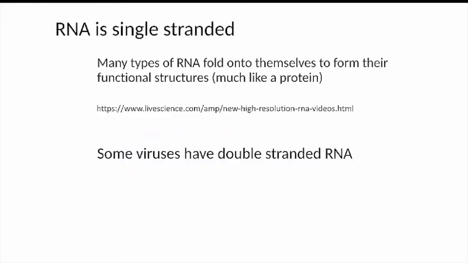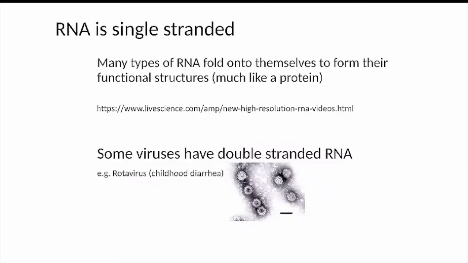Okay, some viruses have double-stranded RNA. Viruses, you guys, are like the quintessential blow-your-mind, gray area, doesn't fit in any boxes, not interested in human categorization. So viruses, are they living? Are they non-living? We don't know. They simply don't follow the rules of other life on Earth. One of the rules they don't follow is the single-stranded RNA thing. Some viruses just naturally have double-stranded RNA.